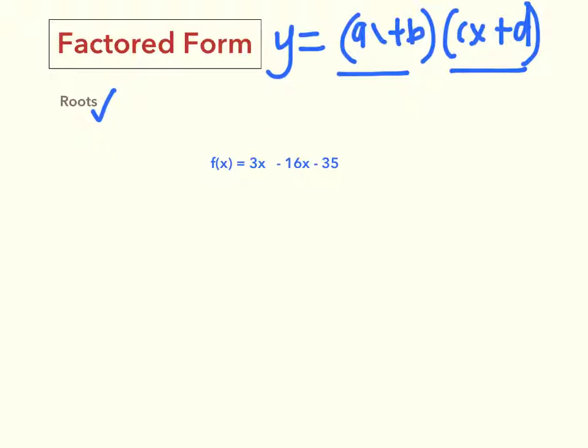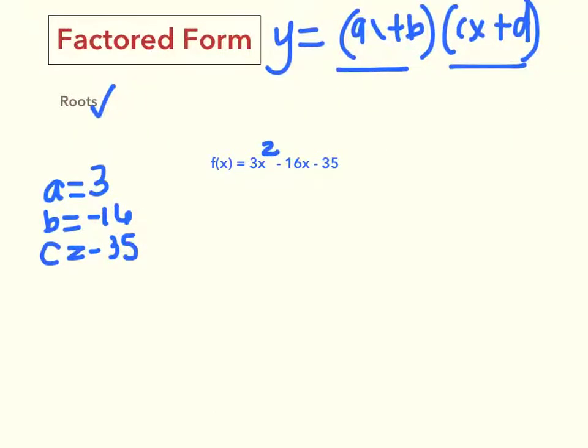Now, you have 3x squared minus 16x minus 35, and the way you convert to factored form is to factor it. And the way we learned in class was to find our a, b, and c, multiply our a times our c together, and that is negative 105.